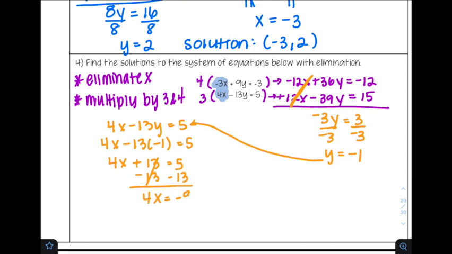Sorry, negative 8. And then I have divide both sides by 4. X equals negative 2. So your x value that you should have arrived at was negative 2. Your y should have been negative 1. Solution: negative 2, comma, negative 1.